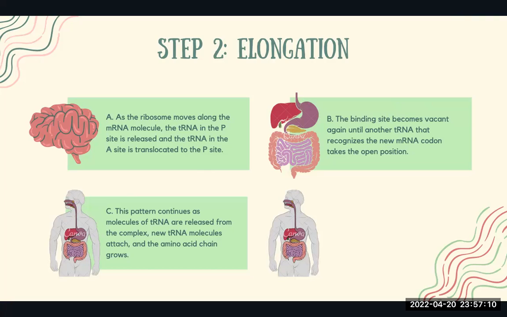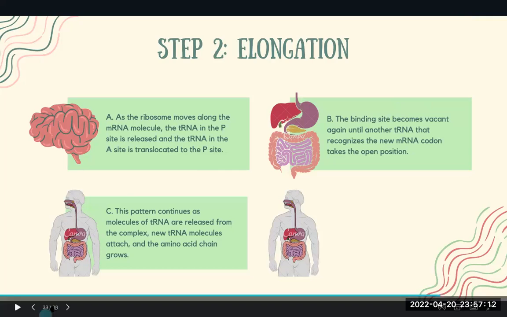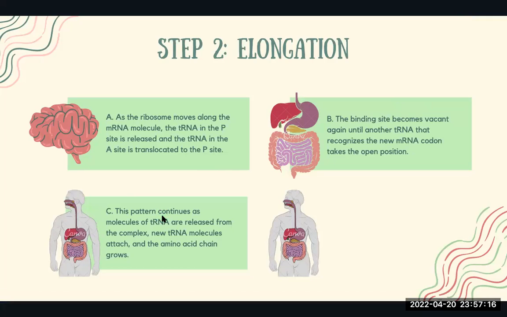A peptide bond forms between the first and second amino acids, and the resulting dipeptide is attached to the tRNA at the A site. The mRNA moves along by one codon, and this complex becomes associated with the P site of the ribosome.